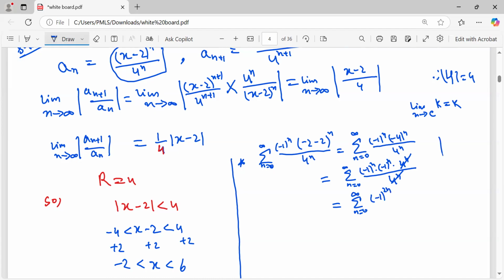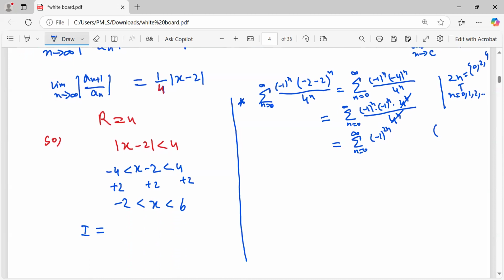Now we know that if we have 2n and n goes 0, 1, 2 and so on, if you put any number you will get these numbers. If you put 0 you will get 0, if you put 1 you will get 2, if you put 2 you will get 4. So we get even numbers. This means that when we have minus 1 raised to an even number, it is equal to 1.